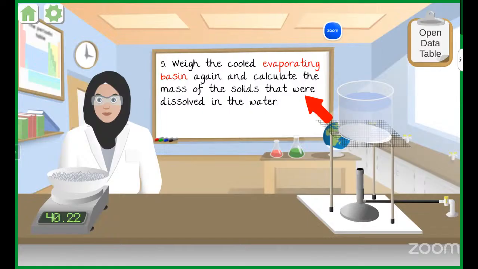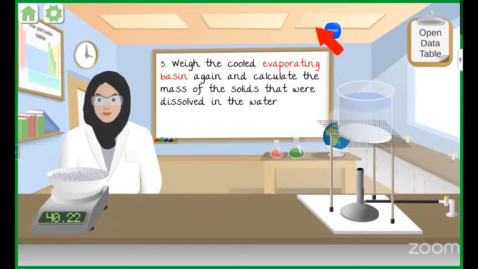All right. Then the third value we got was 40.22. That is when we evaporated the water. Then the solid, we have solid left, then some water has evaporated.